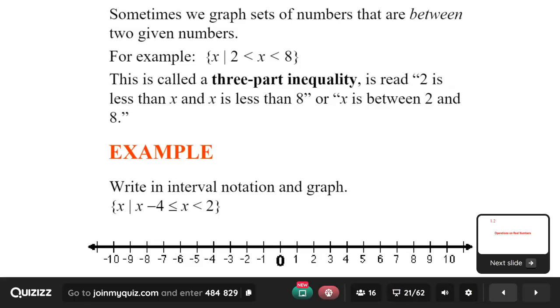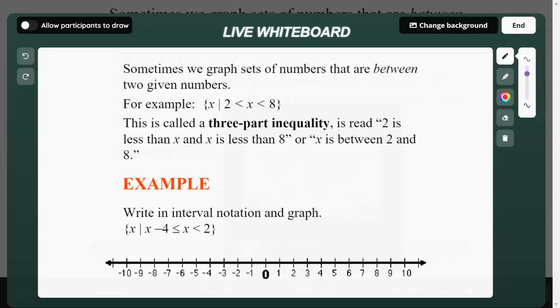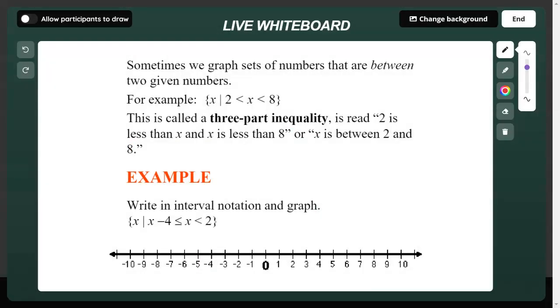We could break it apart and highlight this first part. What we have is x is greater than 2. The larger side of the inequality stays with the x, but I can write it in a more traditional fashion so that we see x is greater than 2.